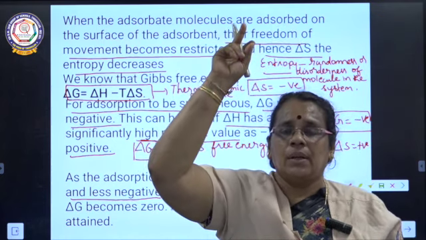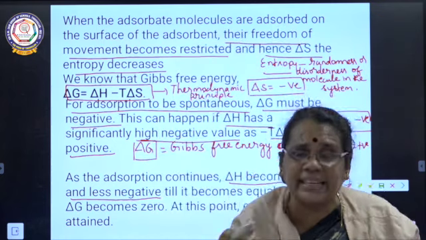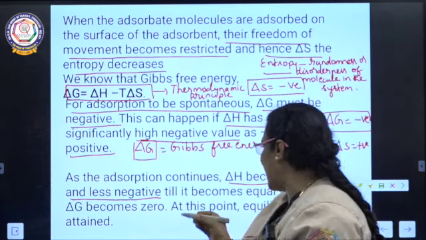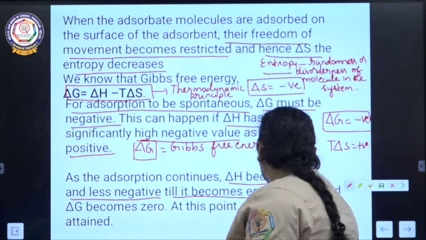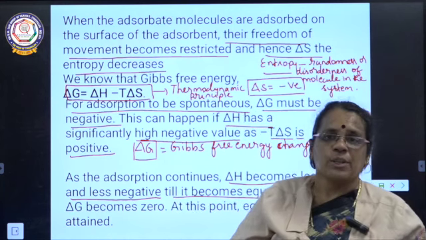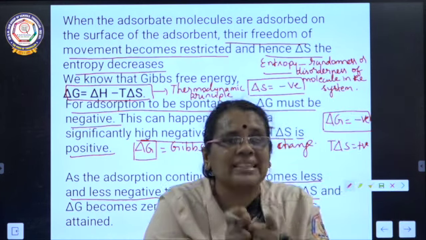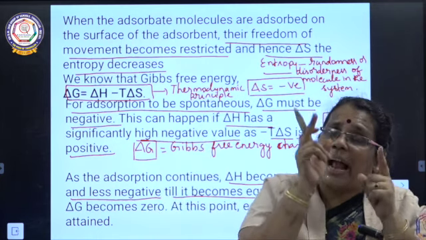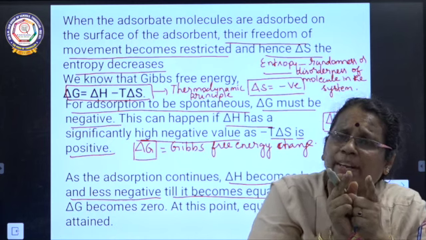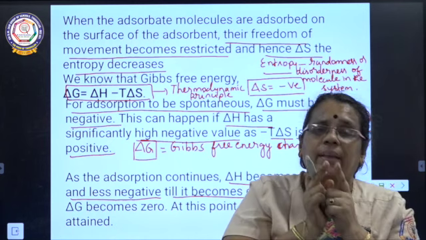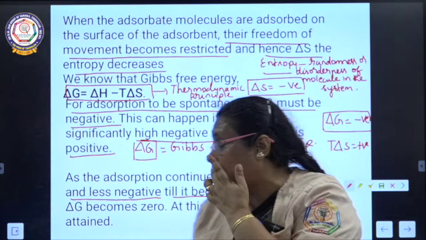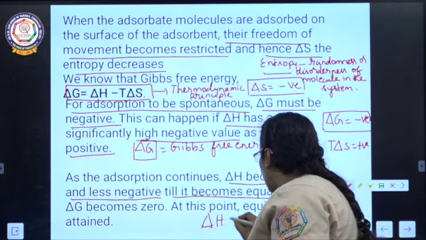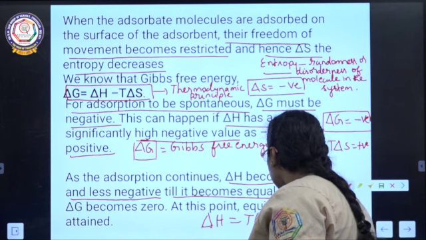As adsorption proceeds, delta H becomes less and less negative till it becomes equal to T delta S. So at a particular time, what will happen? This delta H should be equal to T delta S.